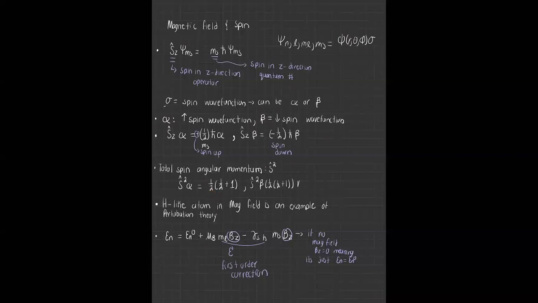In almost any case for an electron it'll just be 1/2, and it's the same for alpha and beta. So they both have the same total spin angular momentum, which will be this term here, times h bar squared.